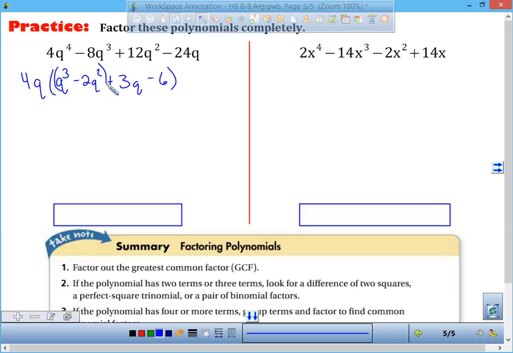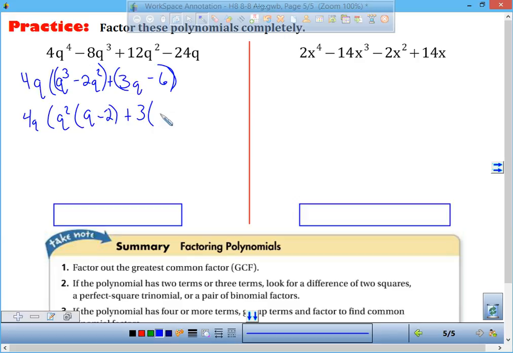So this group and this group. So 4q tags along. My first group, GCF, is going to be q squared. So I have q minus 2 left after I factor out q squared out of this first one. Plus GCF for the second group is going to be 3.